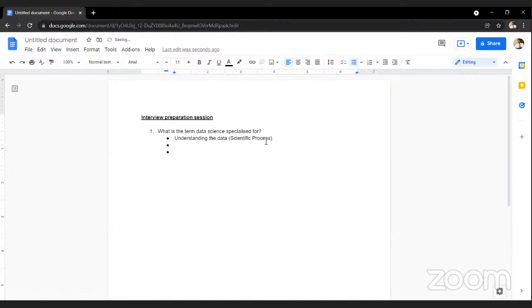Next we have working with algorithms. Suppose we need to predict something, and manually we can't see all the data or figure out what we are expecting.